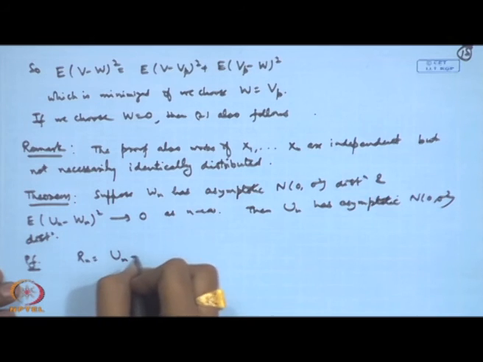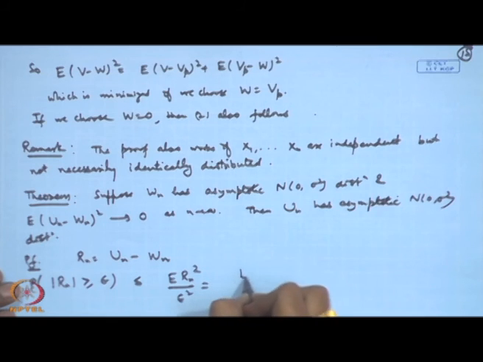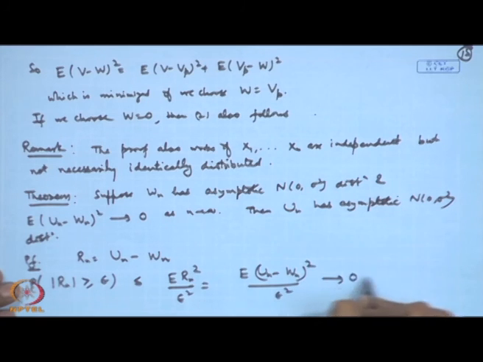For proving, let us define R_n equal to U_n minus W_n. So, probability of absolute R_n greater than or equal to epsilon is less than or equal to expectation of R_n square by epsilon square, that is equal to expectation of (U_n minus W_n) square divided by epsilon square, and this goes to 0 as n tends to infinity.